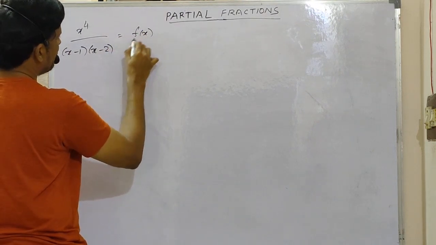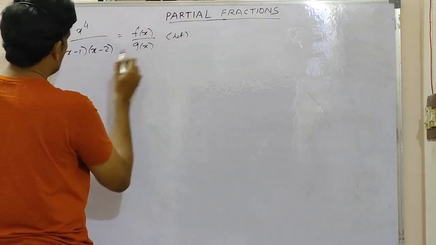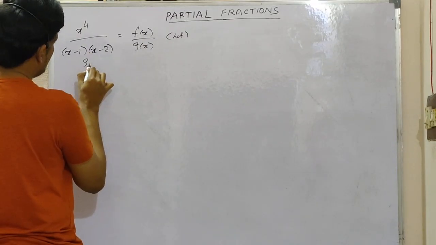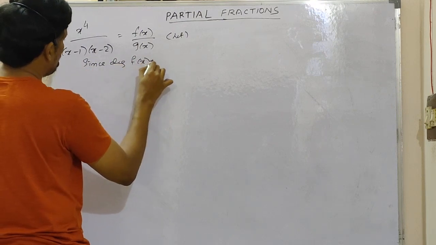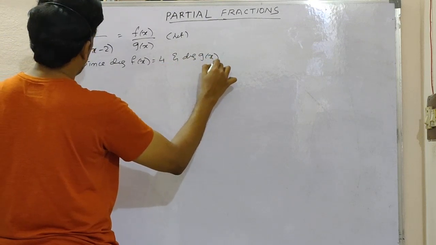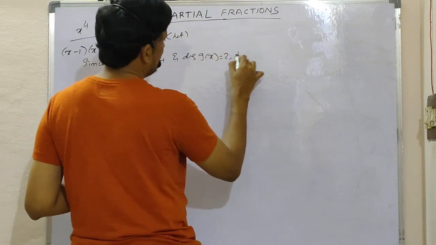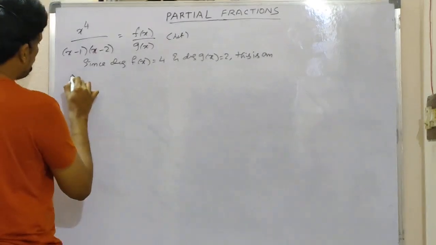Let the given one be f of x by g of x. Since degree of f of x is 4 and degree of g of x is 2, this is an improper fraction.